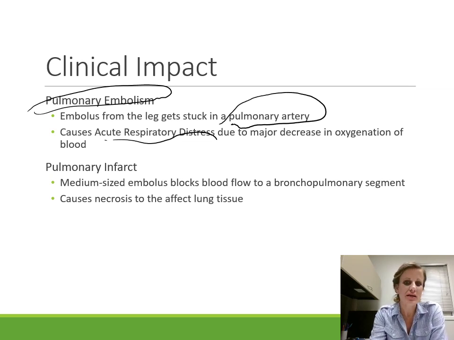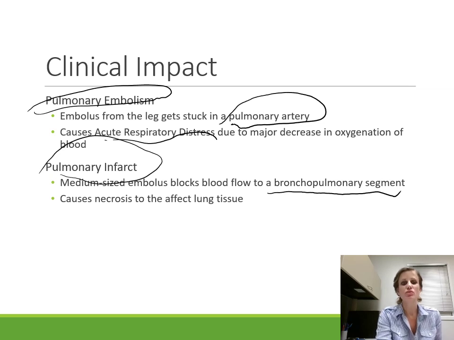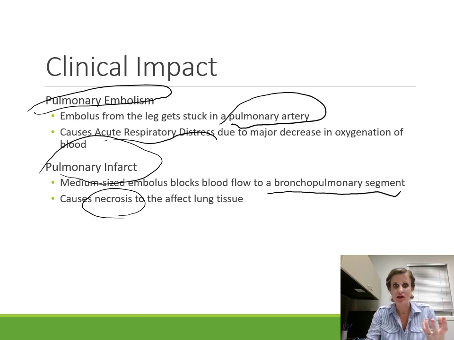So a medium-sized embolus can block blood flow to a bronchopulmonary segment. This is called a pulmonary infarct. And instead of causing respiratory distress, this typically will cause necrosis, or death, of the lung tissue that's affected, the bronchopulmonary segment that's distal to the infarct.